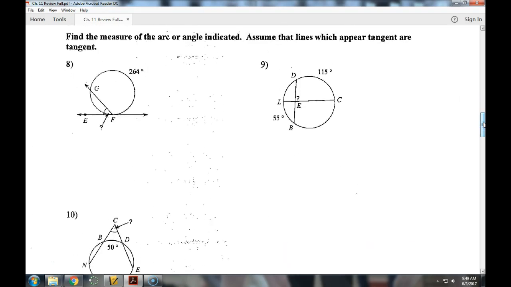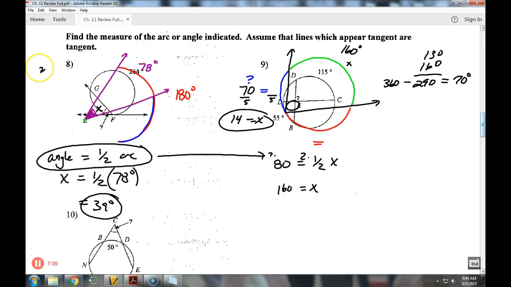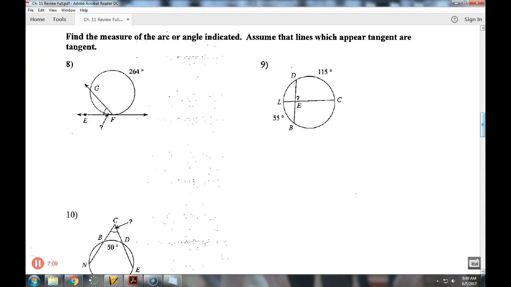Find the measure of the arc or angle indicated. Assume the lines appear to be tangent. So another situation it looks like here, where this angle, I'll do it in blue, this angle right here is on the circle, so the angle is half the arc. I kind of need to know what this arc is before I can find that angle.